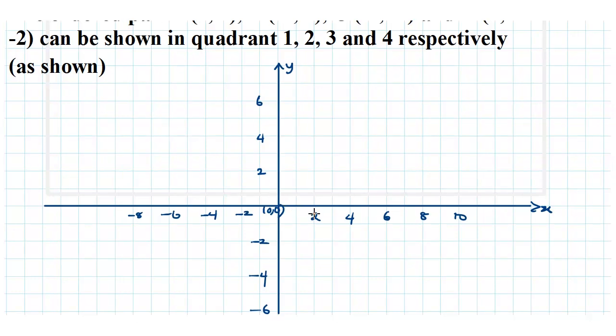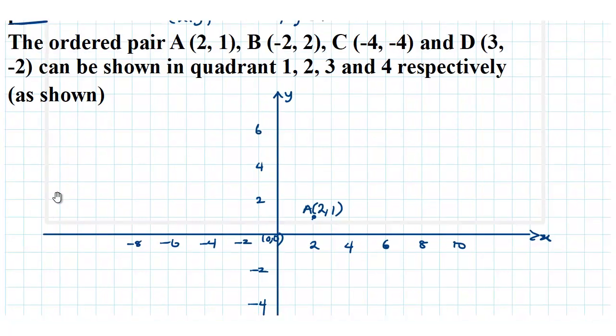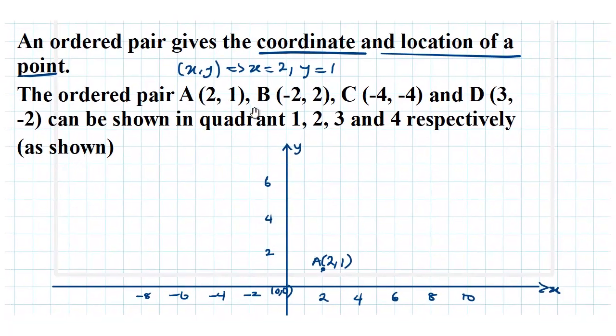So if this is 0, if this is 2, definitely the first square box is 1. So when x is 2, y is 1. So this one can be written as A (2, 1).